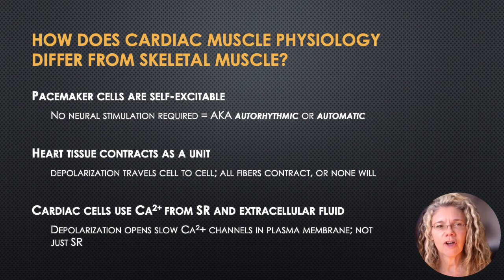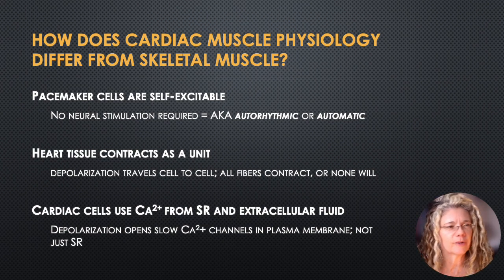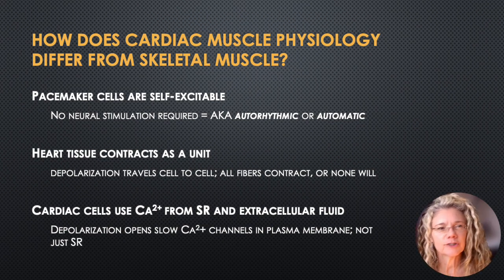Your heart tissue is also going to work like a team, and we talked about that just a few minutes ago. As the electrical stimulation moves through cardiac tissue, that depolarization moves cell to cell through those beautiful gap junctions. We want all of our fibers to contract, or none of our fibers to contract. We want a full contraction and then relaxation. That allows our heart to act as a pump.